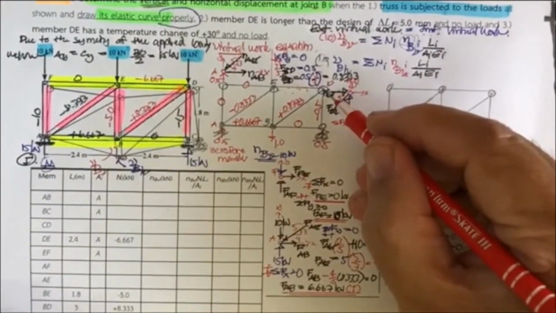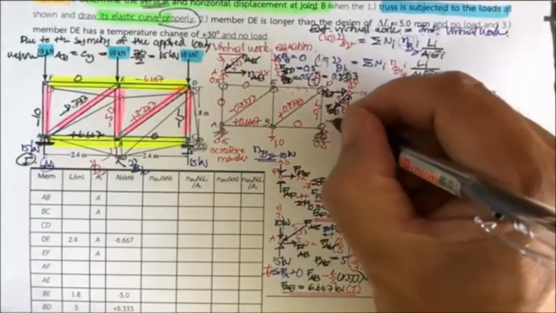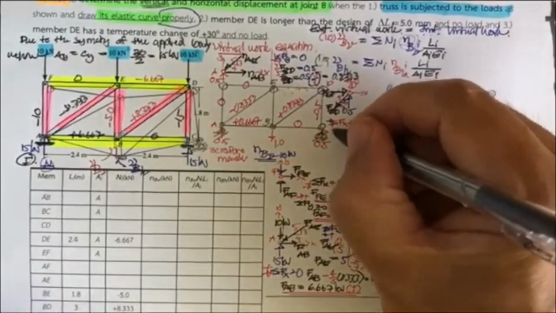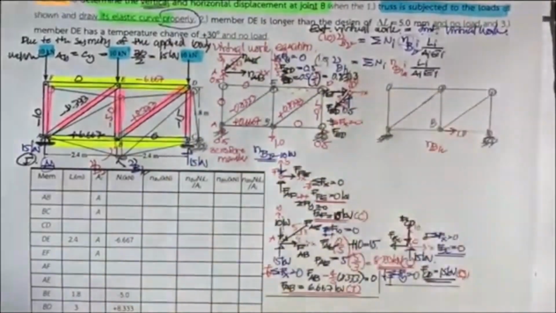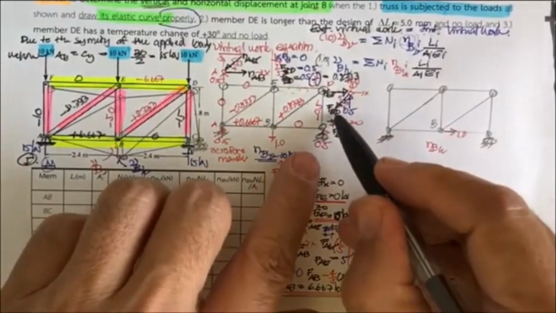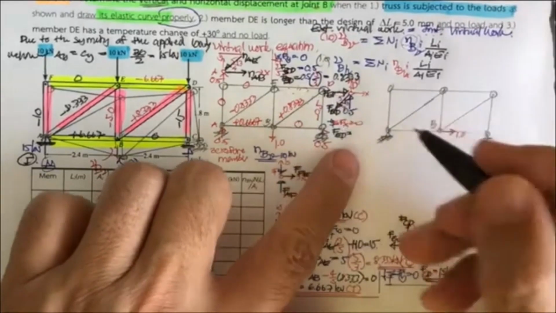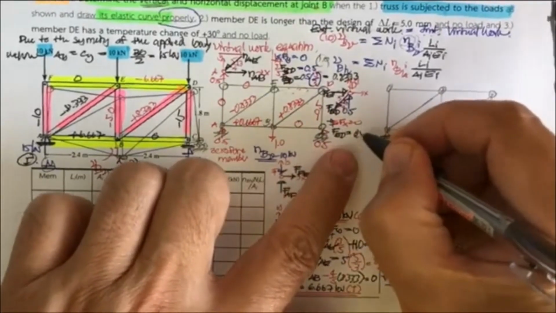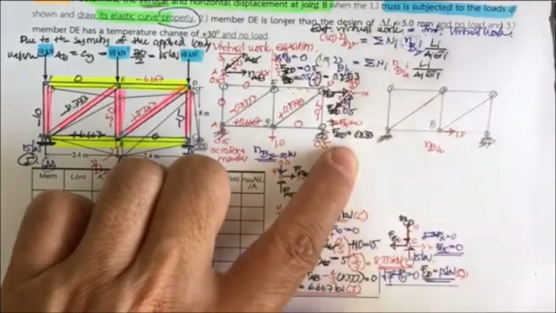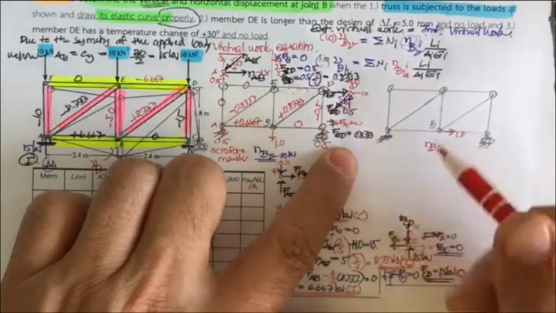Now summation of X equal to 0. So you're going to find F sub ED this time, and you have this one positive, so F sub ED here is going to equal this guy projected in the horizontal direction. That is going to be 0.8333 times 4 divided by 5.